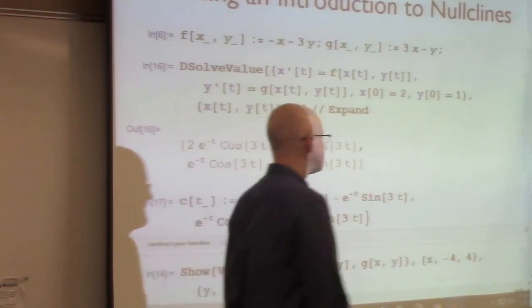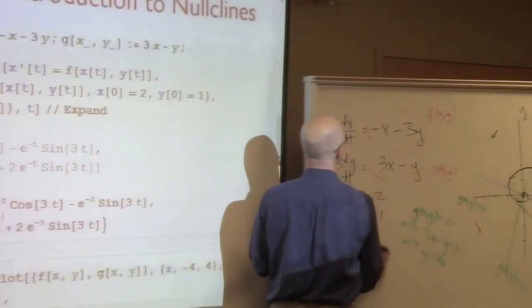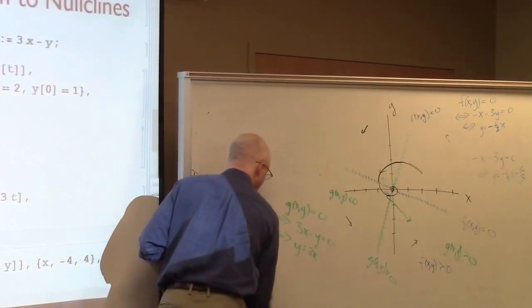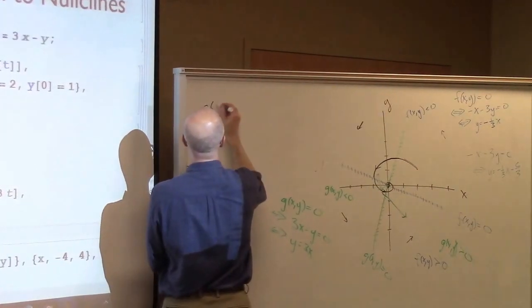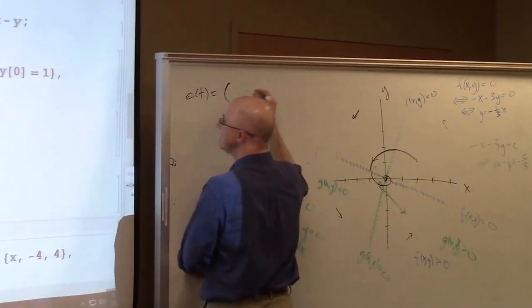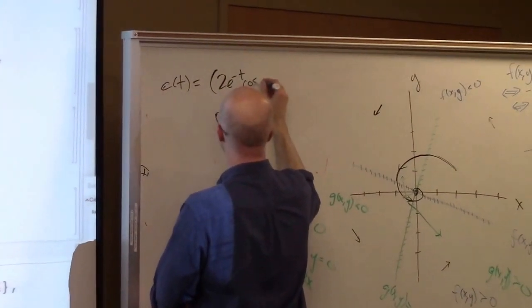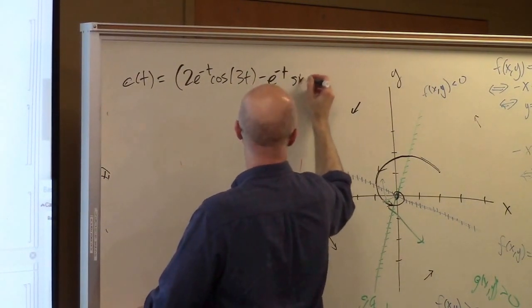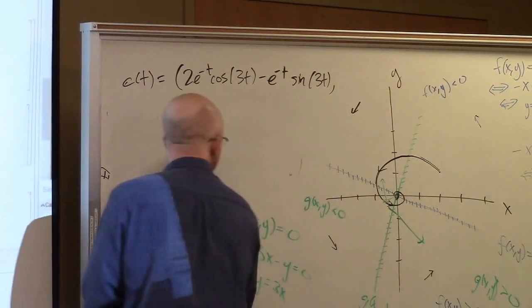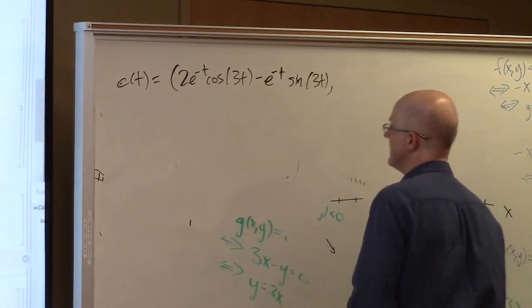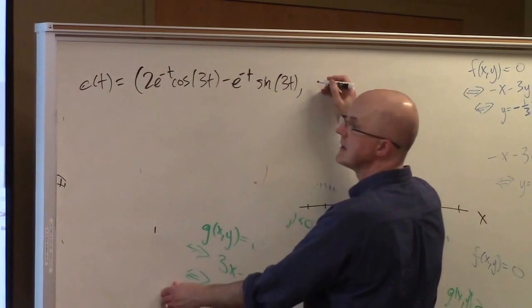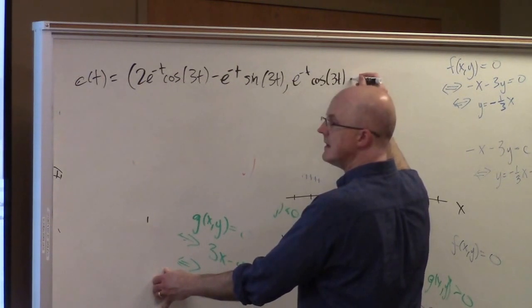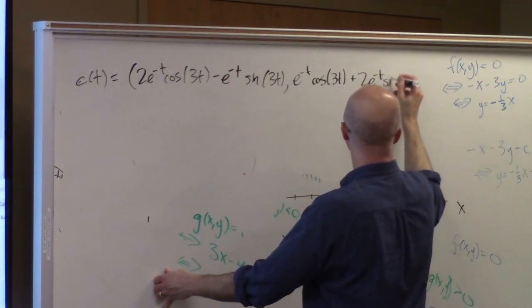If you were writing that by hand, you'd probably use parentheses instead of curly braces. C of t is, in parentheses, 2e to the negative t cos 3t minus e to the negative t sine 3t. And then y of t is going to be e to the negative t cos 3t plus 2e to the negative t sine 3t.